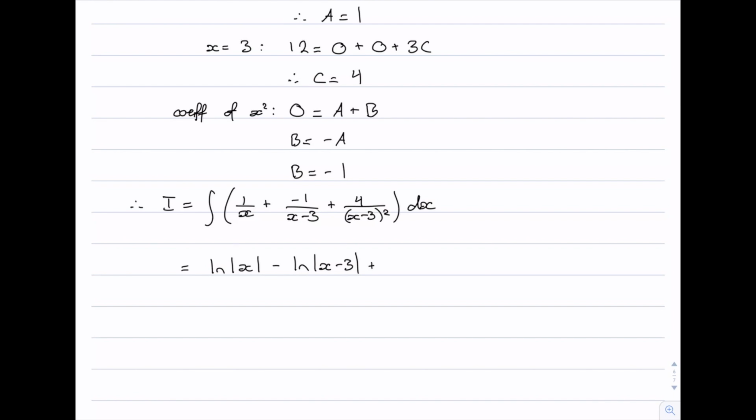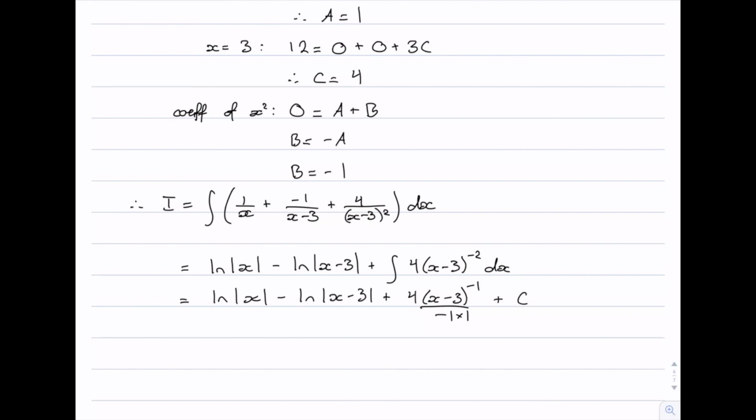The third one is quite easy, but let's just write it in a different way. Let's write it as x minus 3 to the negative 2 power. And we know how to do powers of linear functions. It's really just the same as the normal power rule. So we add 1 to the power, which would make it negative 1, and then we divide by the new power, times the inside derivative, which is 1.